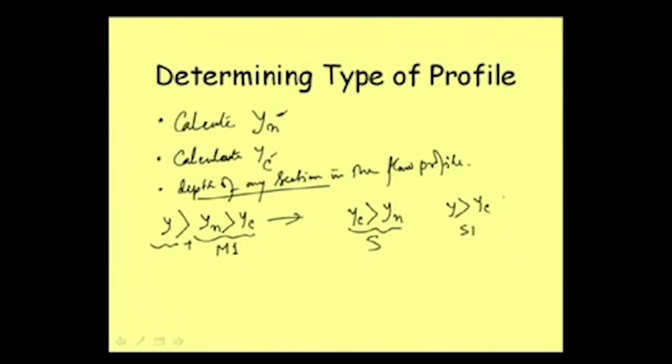Then suppose if y is less than Yc, but y is greater than Yn, if we give these two combinations, this will give us S2. So, like that we need to compare the value of Yc, Yn and one of the known depths of the flow profile, and that way we get the type of profile.